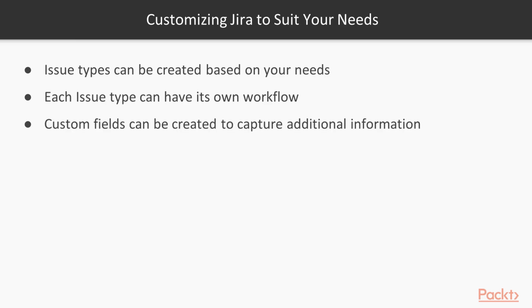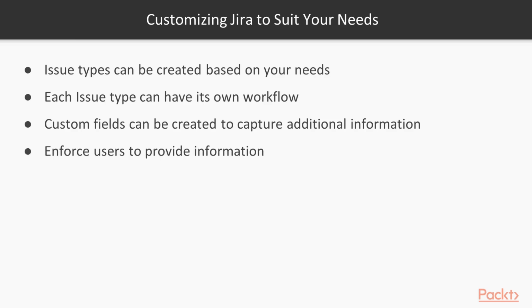At the same time, you can also create a variety of custom fields to capture some additional information. Out of the box, you have different fields, also known as system fields in Jira, but if you want to have your own field, let us say a field like country or maybe a category to have a better classification of the issues, you can create those custom fields when you have Jira admin rights.